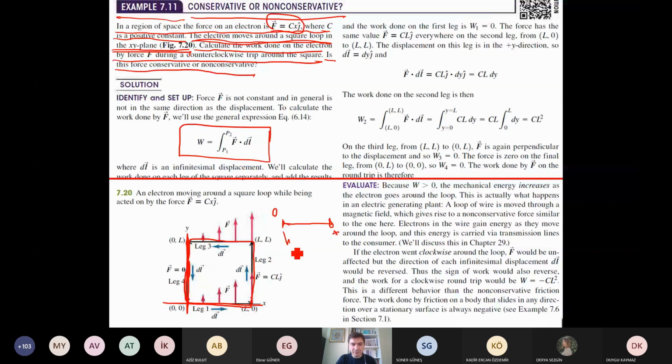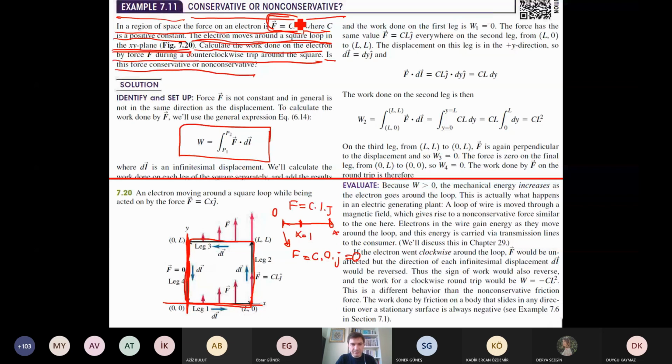Then at the origin, the force is 0. Let's consider x equal to 1, then write the force: C times 1 times j. From this expression, I am writing these force values.